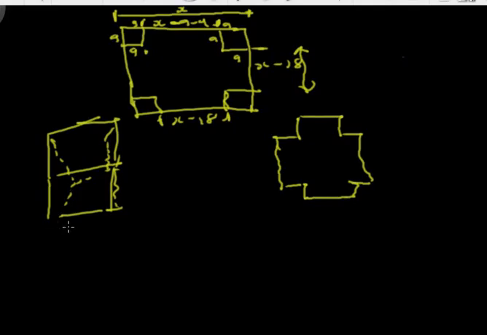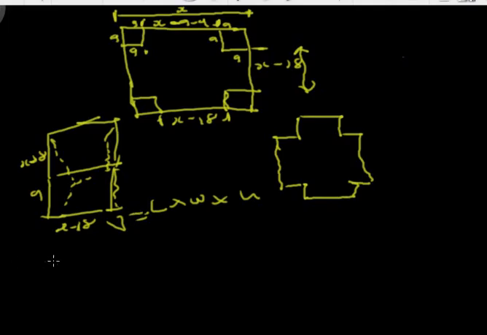And then your dimensions here, this one will be x minus 18. The height, remember, is 9, and the width here is x minus 18. So your length times width times height will be your volume.